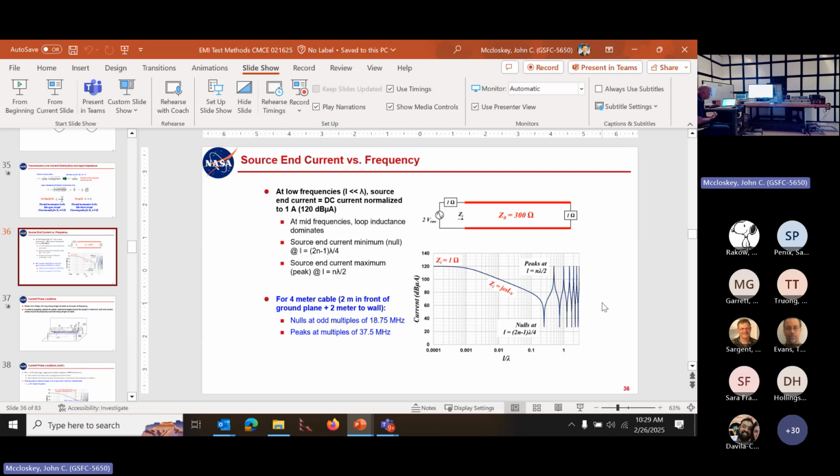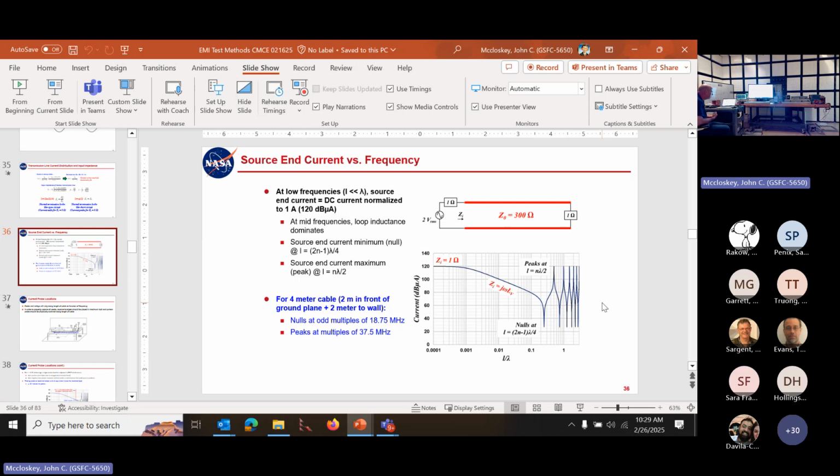Those should all be representative of the same way you're doing those things in the flight cables. Lengths would be ideal if you actually have the flight lengths, but a lot of times you're building your test cables before you even know what those flight lengths are going to be. And sometimes that's just not practical.